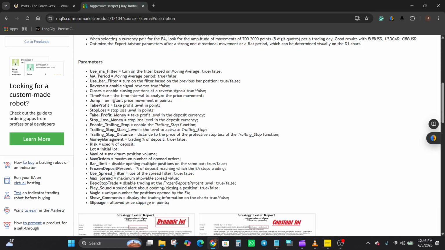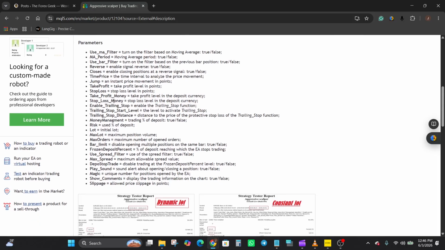There is also a setting for closing positions when reverse signals appear, which helps manage trade direction changes. Risk management settings are also included, such as take profit and stop loss, defined in points or even in deposit currency terms. There is also a trailing stop configuration, including activation level and distance settings, which determines how closely the EA follows price once a move develops.